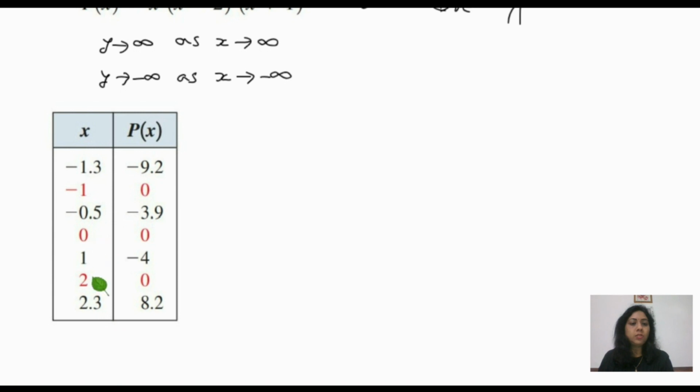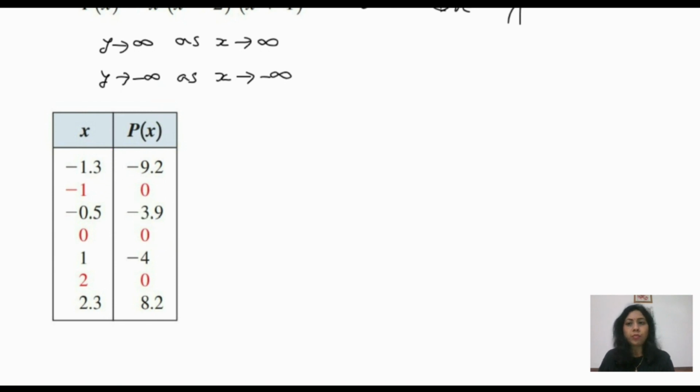So minus 1, 0 and 2 are zeros, because when we put these values in the given polynomial, we get 0. Or we can say these points are x-intercepts. When we put x equal to 0, we get y also 0, P(x) also 0. So this is the y-intercept also. It means the graph cuts the y-axis at 0.